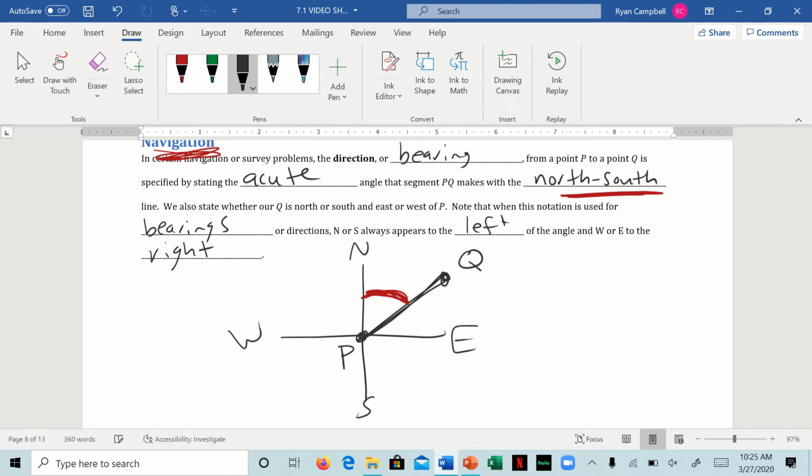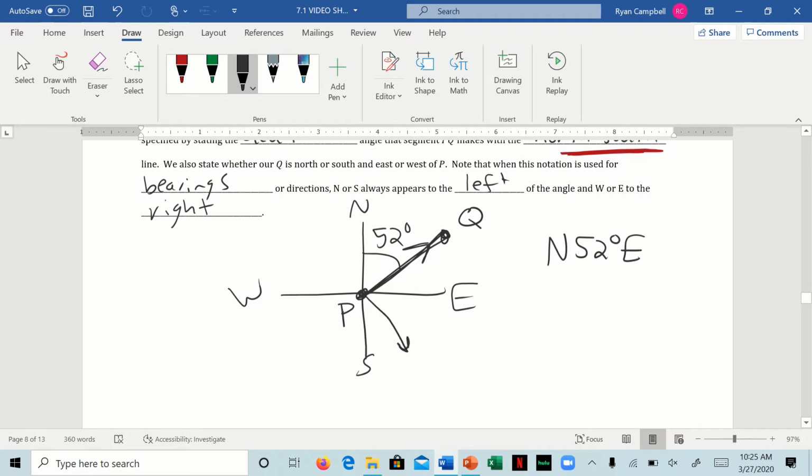So if we're actually drawing what this angle is, here's an example. This is 52 degrees. What direction are we going if we're going from P to Q? We're going north, 52 degrees east, right? Northeast. That makes sense.